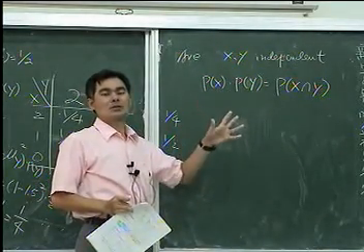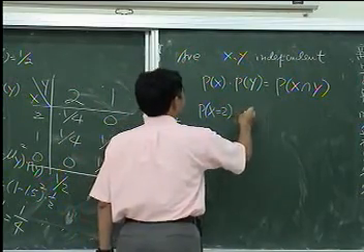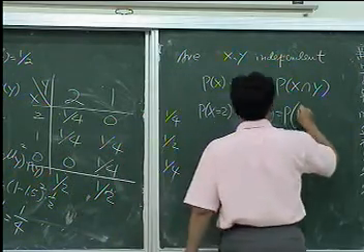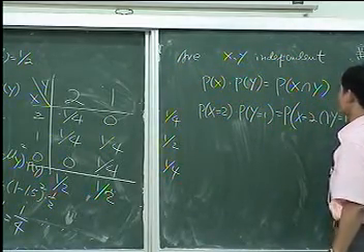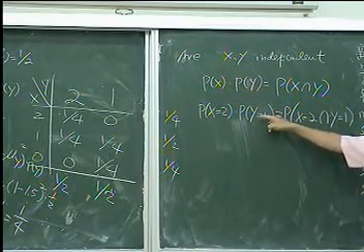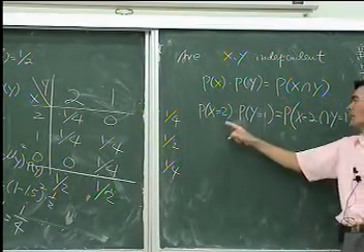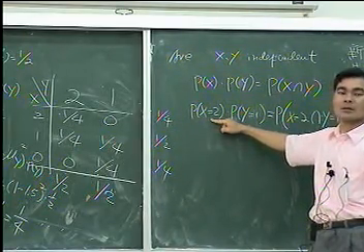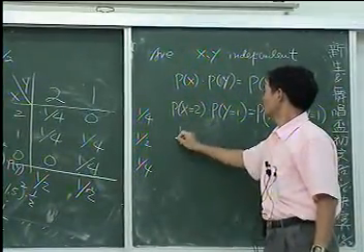So let's randomly choose a number. Say P(X equal to 2) times P(Y equal to 1). If this is equal to P(X equal to 2 and Y equal to 1), if this side is equal to this side, then we say they are independent. So can anyone tell me how much is P(X equal to 2)? Here, 1/4.